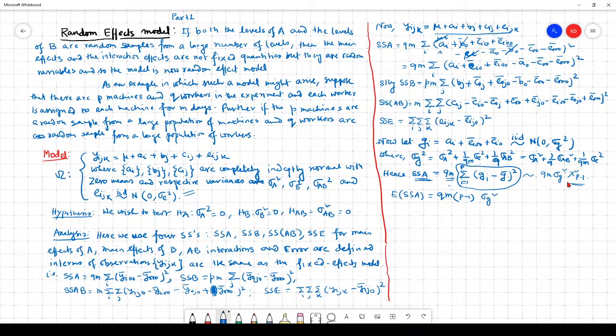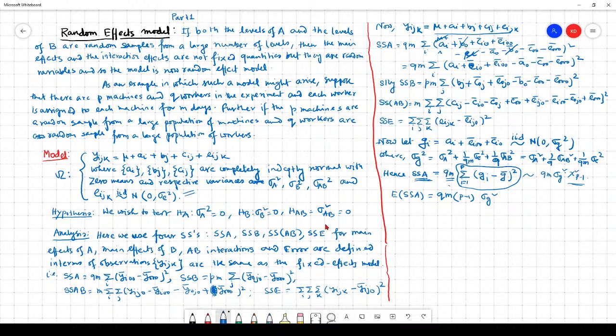This is another difference. Okay, Paul, please note down these portions. For the fixed effect model, SSA follows non-central chi-square distributions, but the random effect model follows some constant times central chi-square distributions. Okay, please write this down. This is another difference.